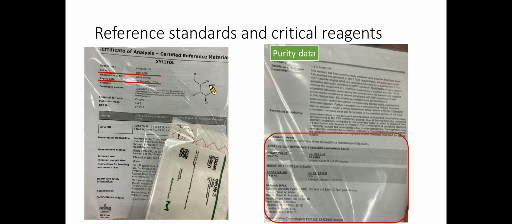First is the reference standards and critical reagents. You should appropriately characterize and document, for example, determine the identity, purity, and stability of all reference standards and critical reagents, and store them under defined conditions.